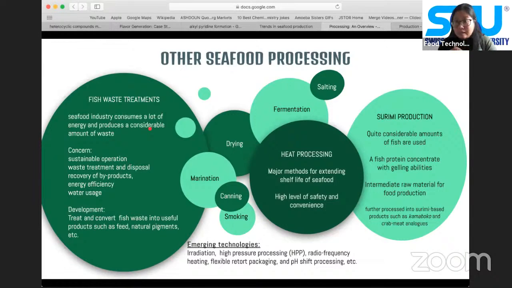Also, in seafood processing, we have emerging technologies such as irradiation. This has been very effective in increasing the shelf life of seafood products. Also, high pressure processing: the high pressure reduces the requirement for temperature. So high pressure processing for high value seafood products is being applied and will be more widely applied because it may maintain the sensory character of the seafood product.